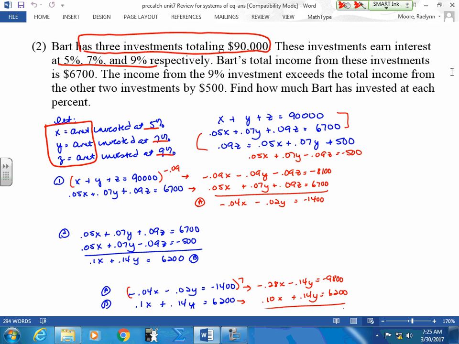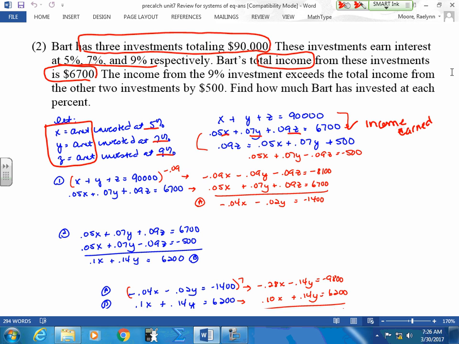Bart's total income from these investments is $6,700. In this statement, I take all my investments and multiply them by their respective interest rates, and I come up with my income earned. Same thing when you borrow money, it works the same way. How much are you spending on interest paid, interest earned, same process.